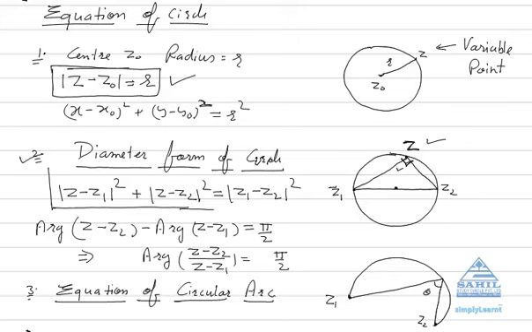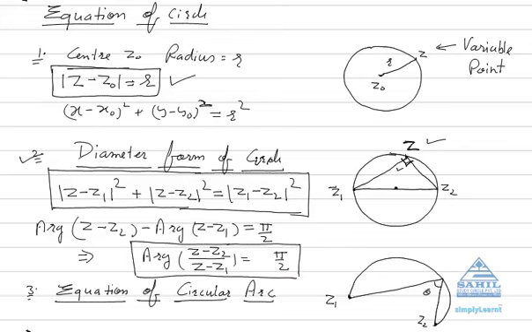First, the one in which we have used the modulus: modulus of z minus z1 whole square plus modulus of z minus z2 whole square equals modulus of z1 minus z2 whole square. And the other format uses the argument, since the angle between z minus z2 and z minus z1 is always 90 degrees, and with that fundamental we can easily find this second equation of the circle. I think it is clear for you.